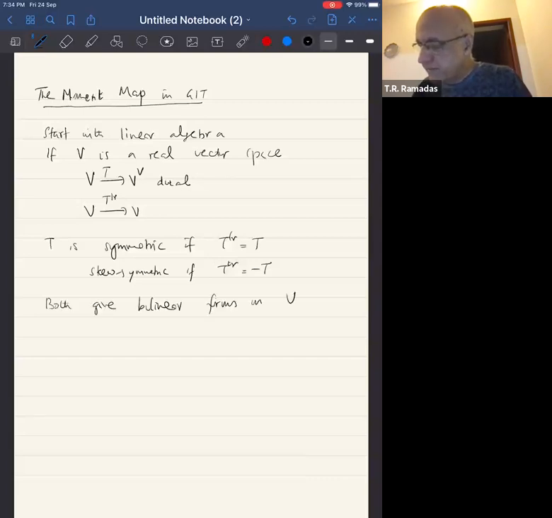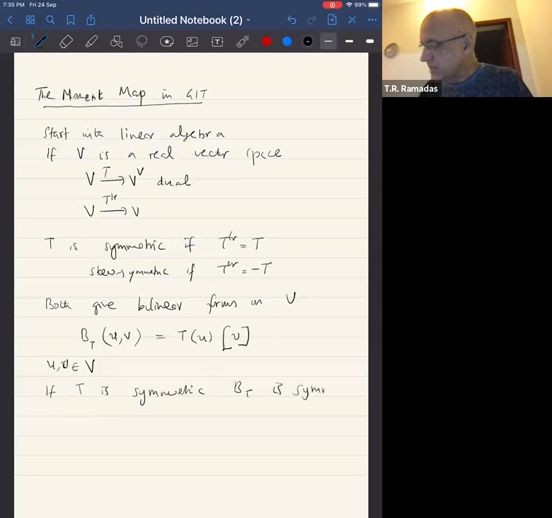Given a map from V to V dual, there is an associated bilinear form. On V, given two vectors U, V in V, this is TU evaluated on V. If T is symmetric, BT is symmetric.